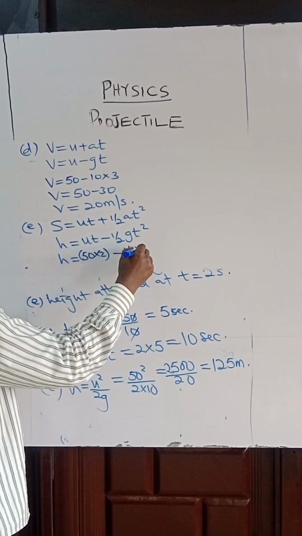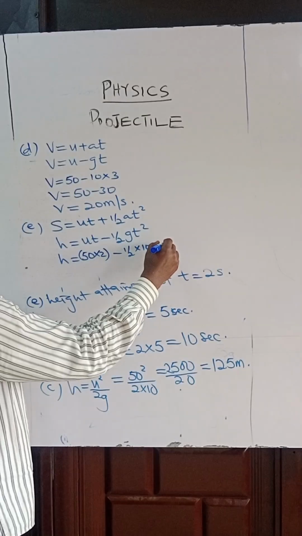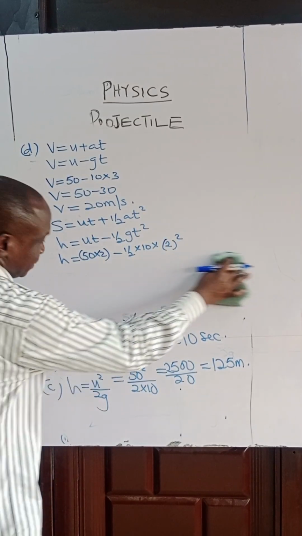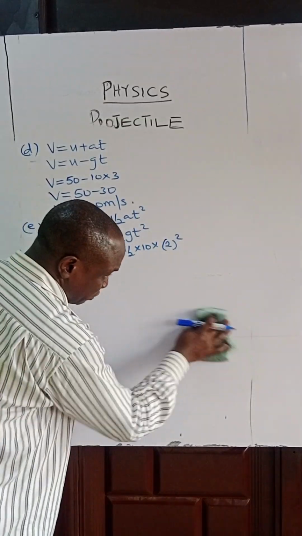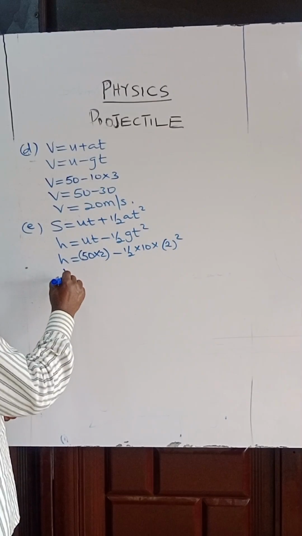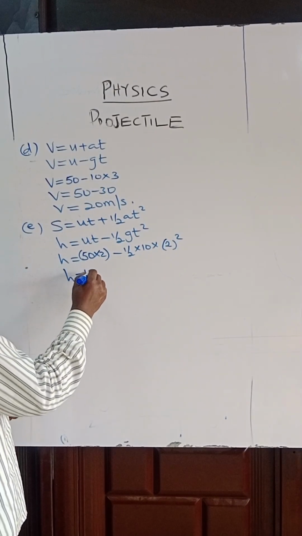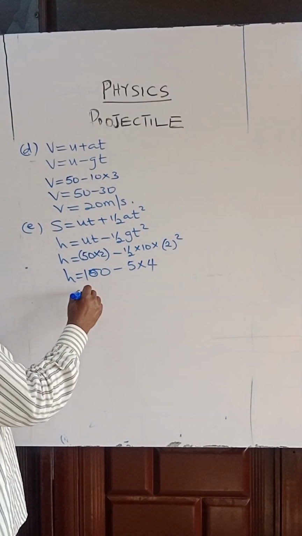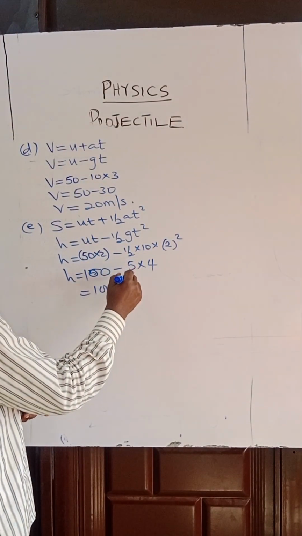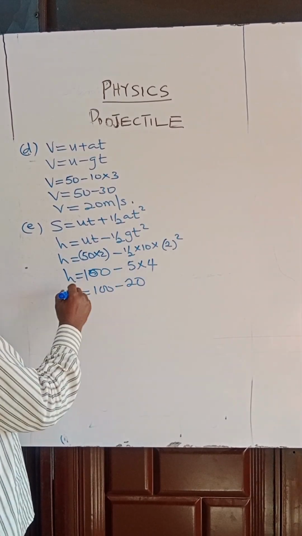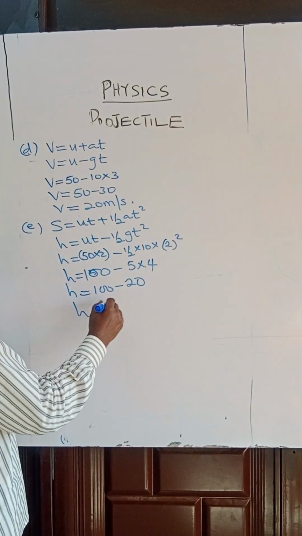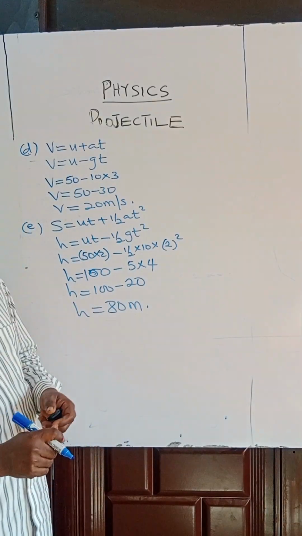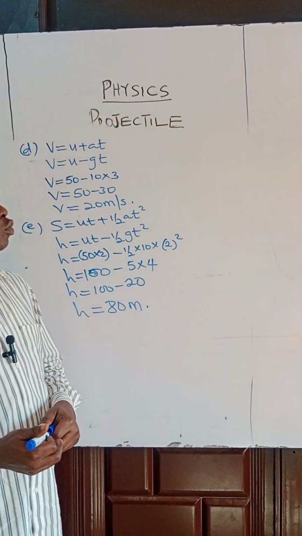Minus half times 10, then times t, where t is 2 seconds. All this height is not the maximum height. h is equal to 100 minus 5 times 4. So this will be 100 minus 20. So h will now be 80 meters. That is the interpretation of that question.